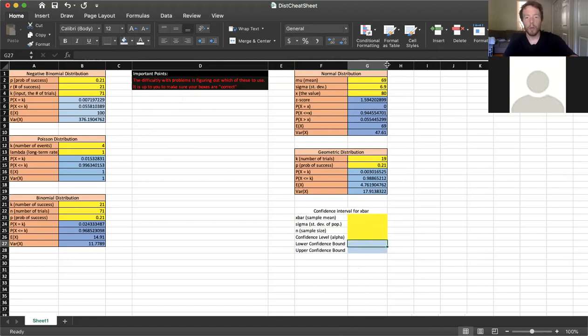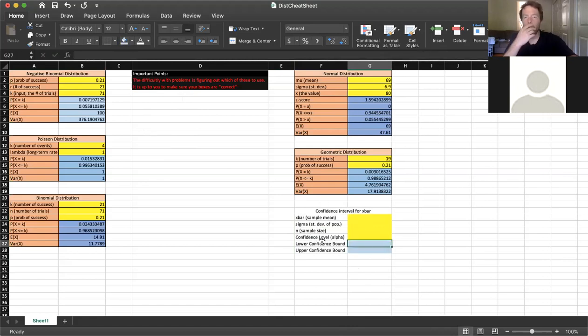Yes, so let me think about how I want to do this. Okay. So I'm gonna start by just putting in some numbers here so we don't get errors when we go through. So maybe this, and maybe like 30. And maybe I want my confidence level to be 0.5, which corresponds to the 95% confidence interval, right? So what is the lower bound gonna be?